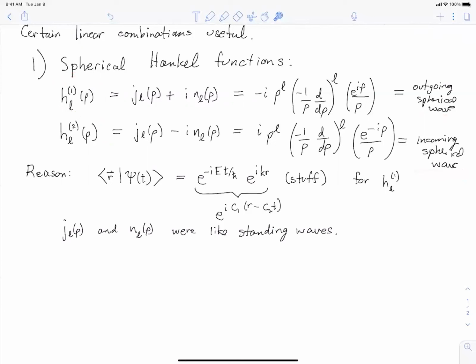For that to be physically relevant, you have to somehow conspire for the physical situation to know that there should be a wave converging on the origin. It's much more common for a wave to be outgoing, where you prepare some state and then you find out that it's sort of escaping from its potential. That's what an outgoing spherical wave would look like.